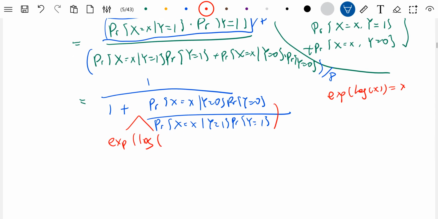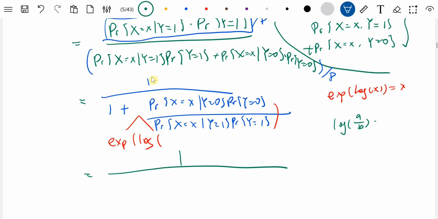And then we need to rearrange this somehow so that it looks like the logistic function. So we need to use the fact that log of a over b is just log a minus log b, and log of a times b is log a plus log b.